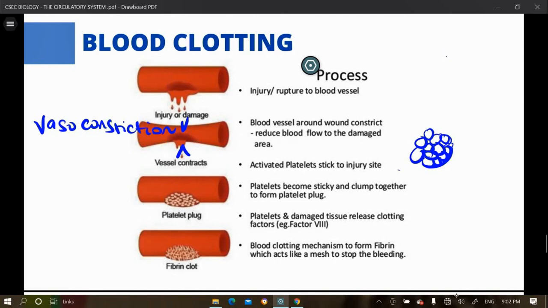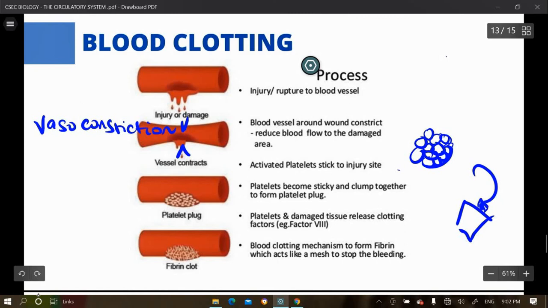So you can think about it as you having a sink, okay? And say you put the stopper thing. I don't know what they're called, but they're stoppers. You put it in the sink hole to stop the water from running out of the sink. So you can think about platelets as the stopper, okay?